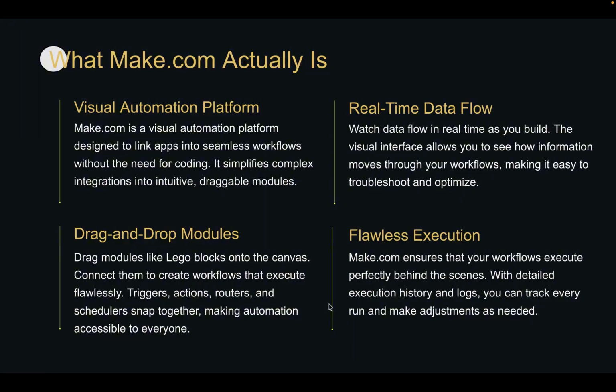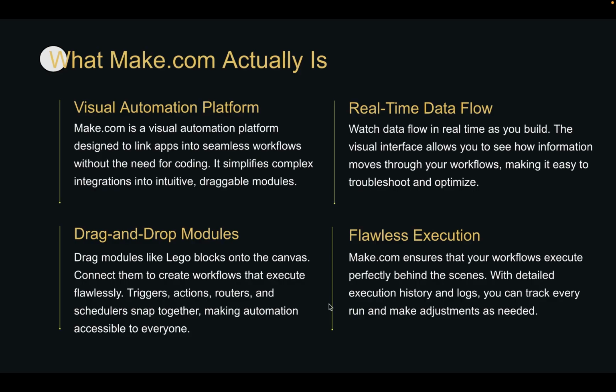With make.com, you're able to watch data flow in real time as you build. The visual interface allows you to see how information moves through your workflows, making it easy to troubleshoot and optimize. So this implies that while building your automation system, you can test run it and see how your workflow is being run.